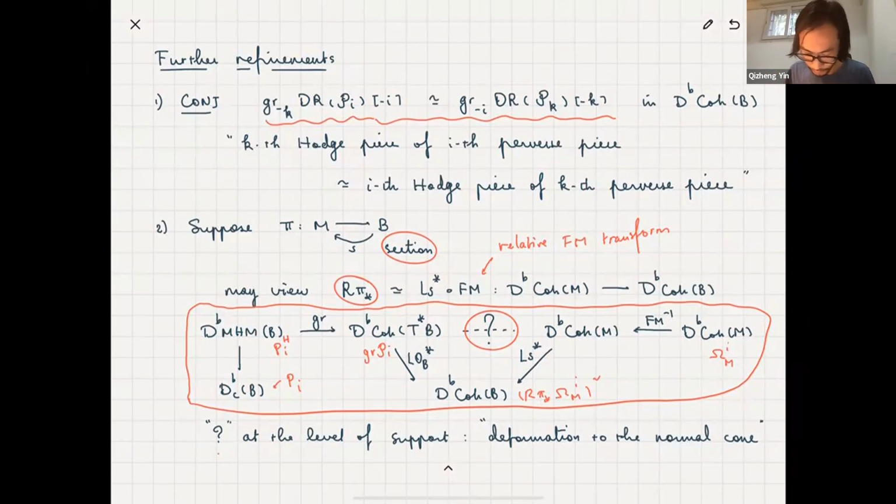Where the symplectic form plays a role is that when you do the deformation to the normal cone, since B, the zero section inside M, is a Lagrangian, its normal bundle is the same as the cotangent bundle of B. So the normal cone here is just the cotangent bundle of B. You can see in some basic examples, for example surface to curve, how this deformation to the normal cone works.